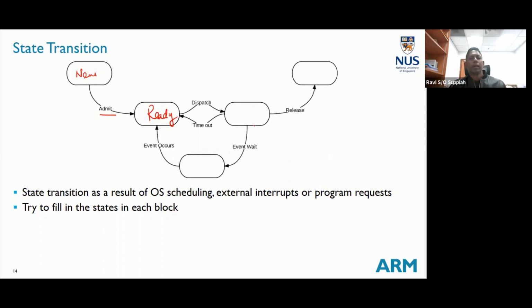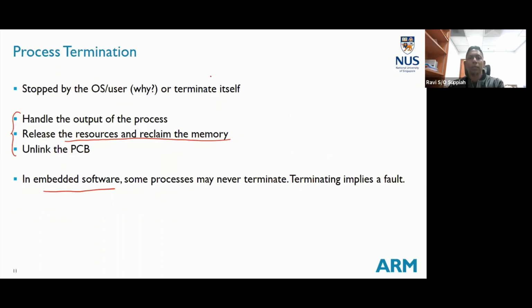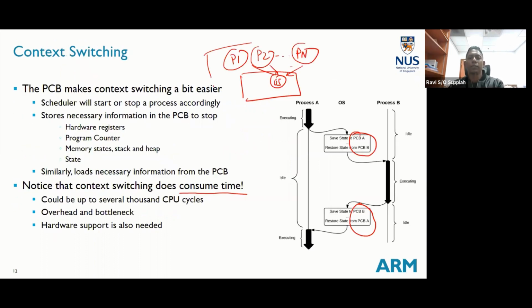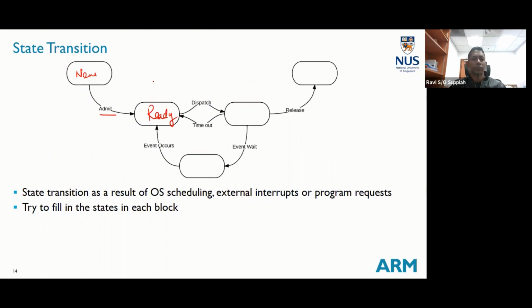But as we saw earlier, there are multiple tasks or multiple processes that can be in the ready queue. So actually here there is a ready queue. Every time you create a new task, it joins the ready queue.